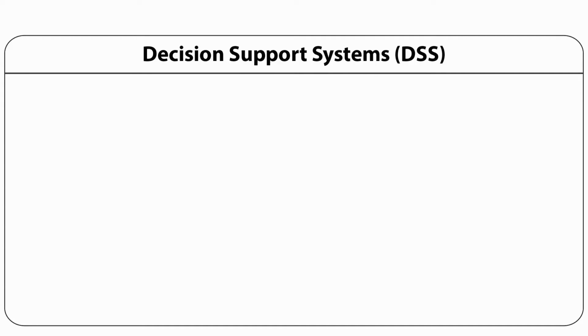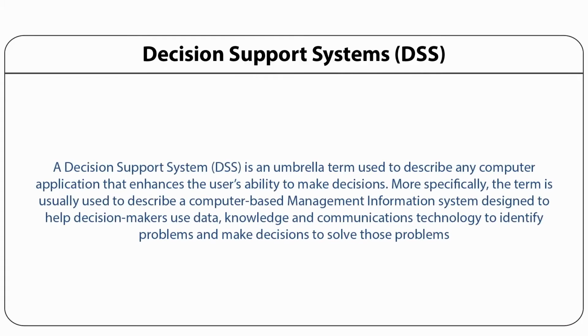We have already seen the different types of MIS. Let's explain a little bit about the decision support systems. These are popularly referred to as DSS. A decision support system or DSS is an umbrella term used to describe any computer application that enhances the user's ability to make decisions.